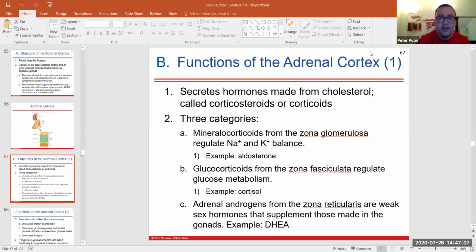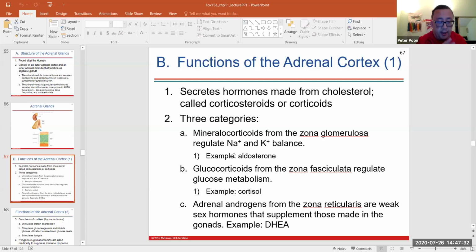So the functions of the adrenal cortex. Corticosteroids, or corticoids, come in three categories. Mineralocorticoids from the zona glomerulosa regulate sodium and potassium balance. Example: aldosterone.